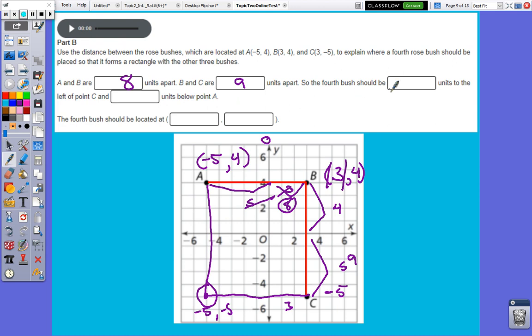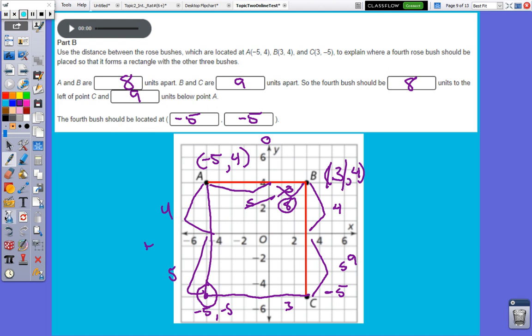So the fourth bush should be blank units to the left of point C. It should be 8 units to the left and 9 units below. It's going to be 4 units here and 5 units here. 4 plus 5 gives me 9 units. So the fourth bush should be planted at (-5, -5).